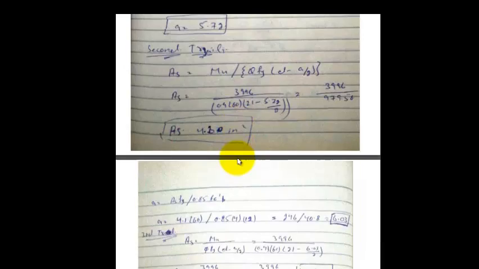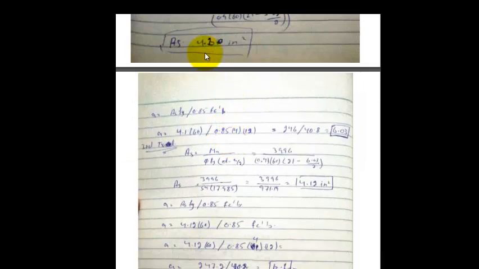inch square. Now going further, we will put this area of steel in that A to get the A equation. So we put that A is equal to AS by Fy divided by 0.85 FC prime B. 4.1 the value of AS, 60 is the Fy, 0.85, 4 is FC prime, and 12 is the width of the beam.